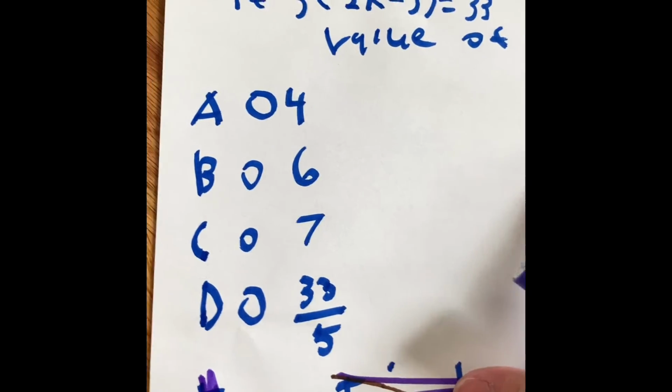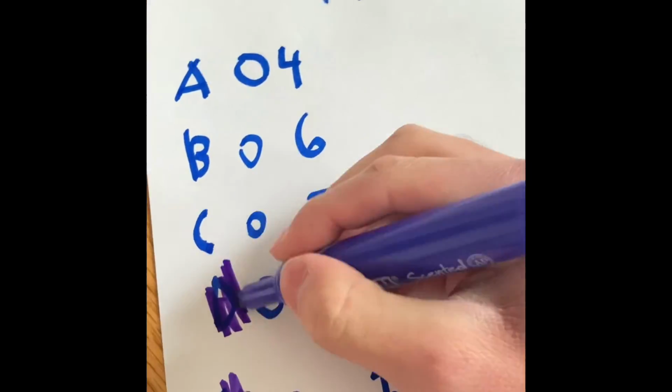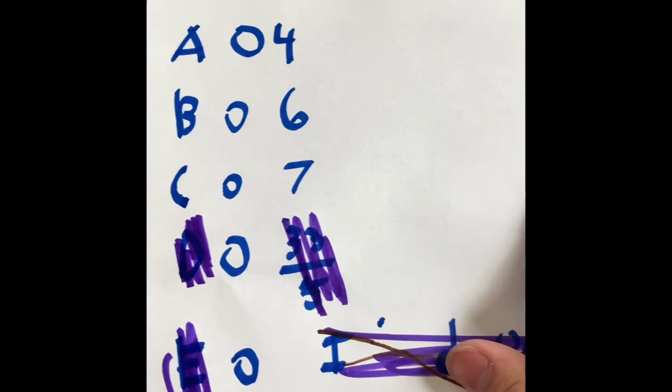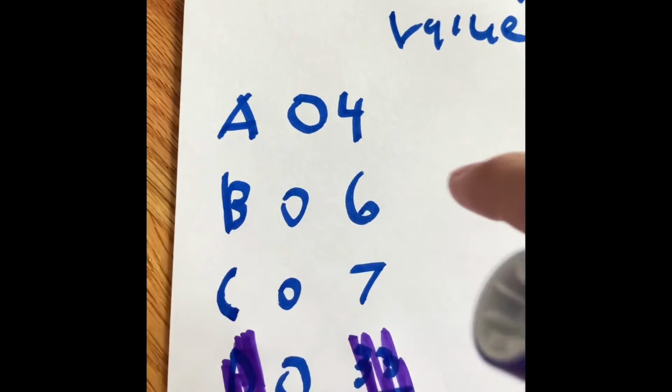So we can cross this one out too. Using process of elimination, we have 4, 6, 7 left.